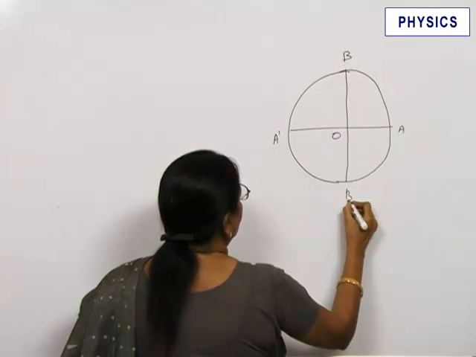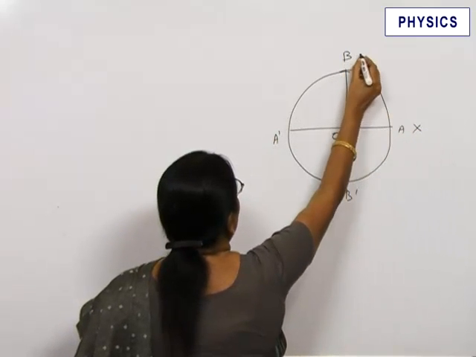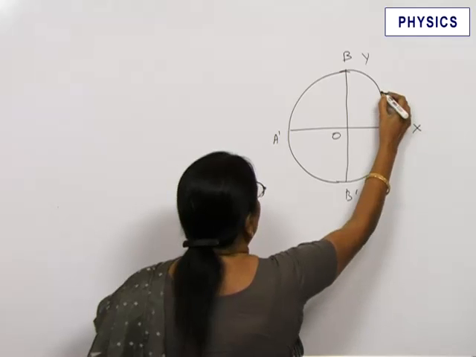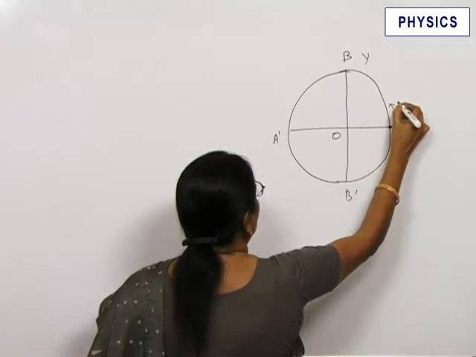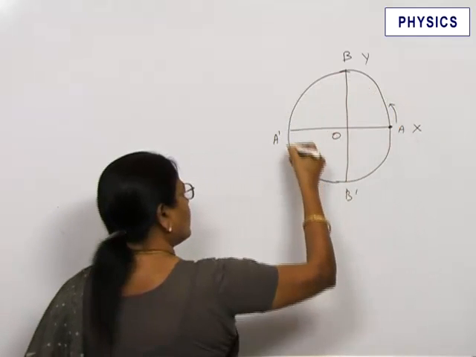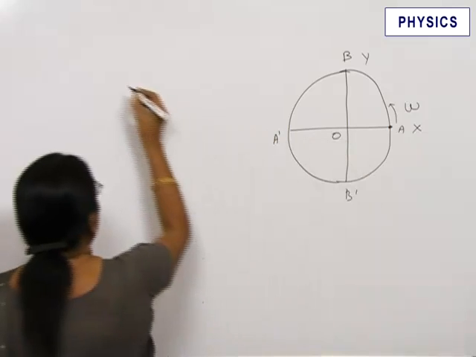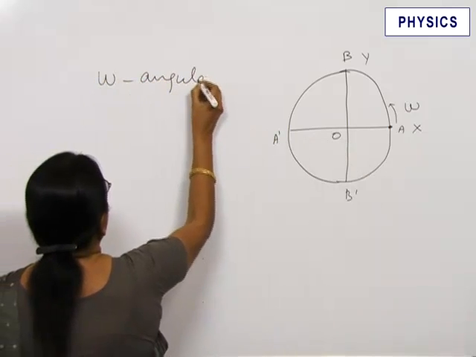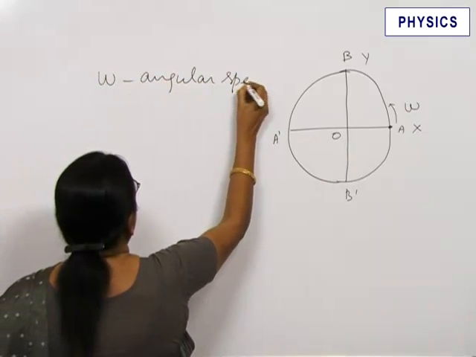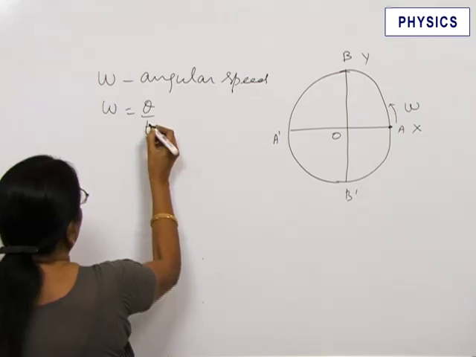A dash and B dash are the diameter, which you consider as the x-axis, and this you can consider as the y-axis. Now you take a particle starting from A and going here, performing a uniform circular motion with angular speed omega. What is omega? Omega is the angular speed or angular velocity. Omega equal to theta by t.